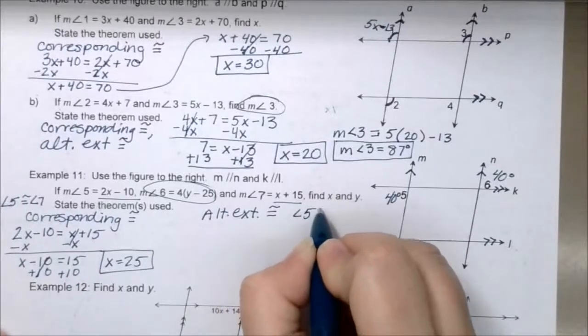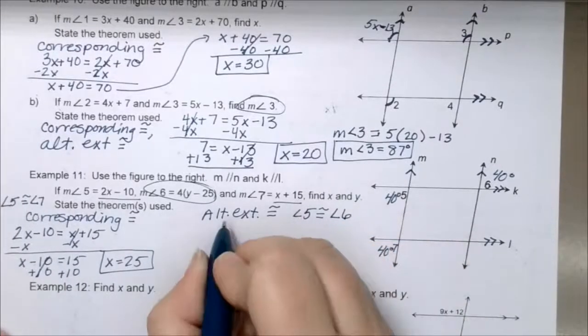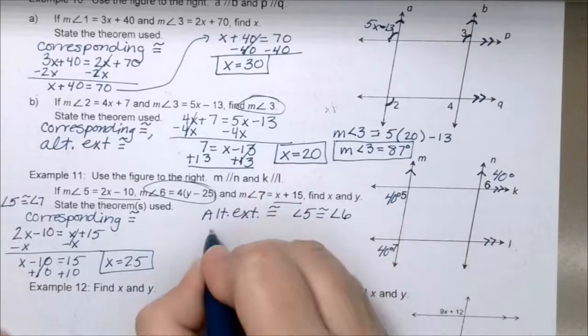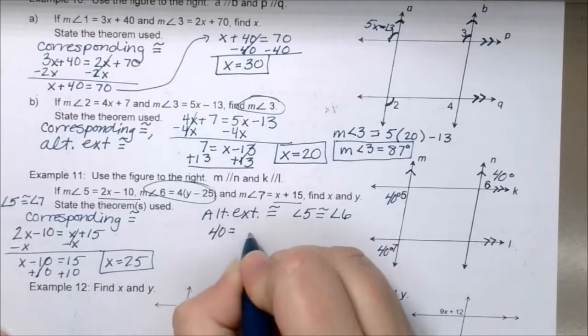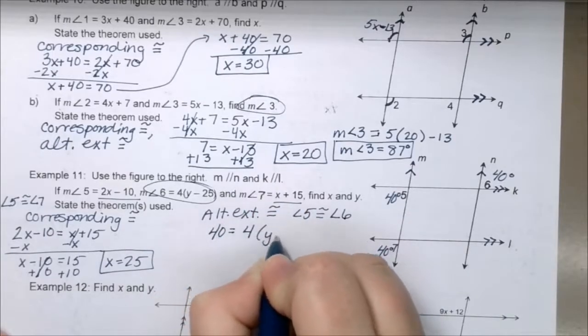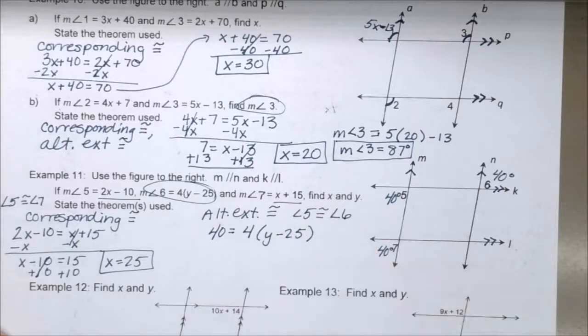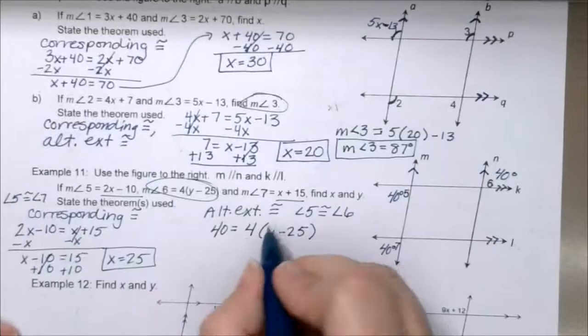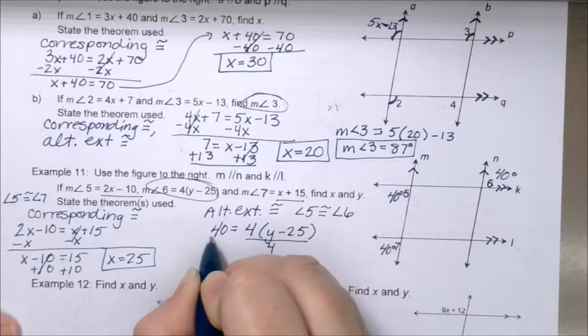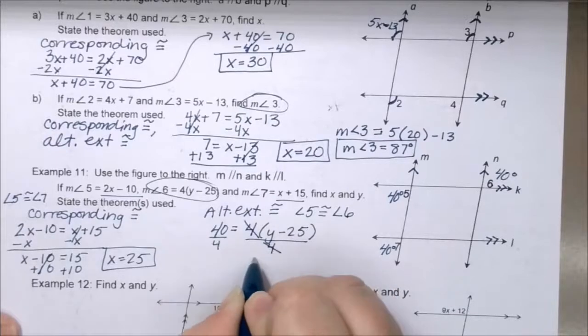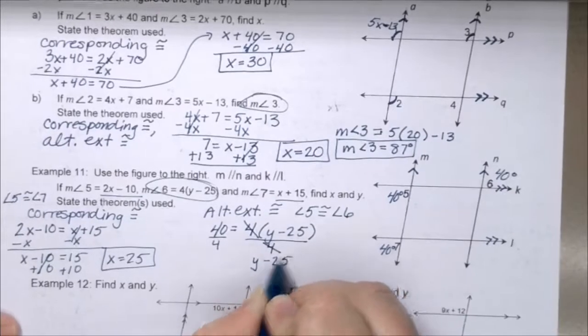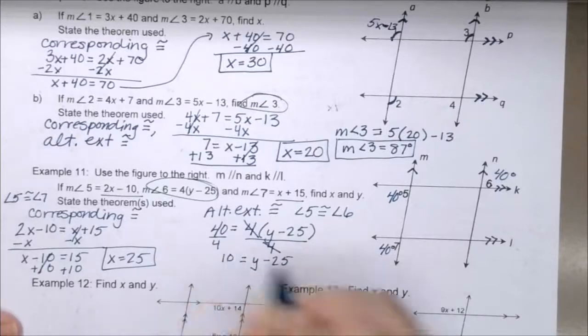Number 13, I also have, let's see. 9x plus 12 is not related to 3x, is it? Well, 9x plus 12 is related to 4y minus 10, right? They're congruent, yes?